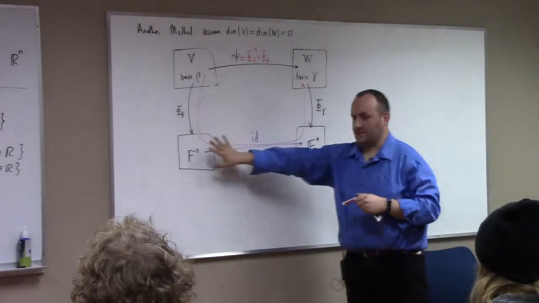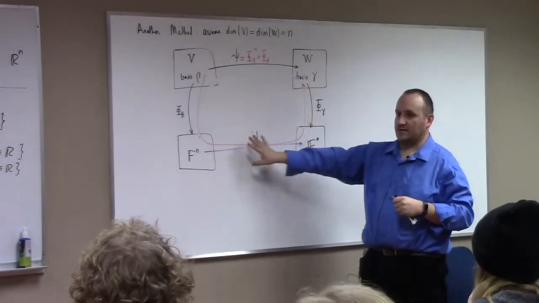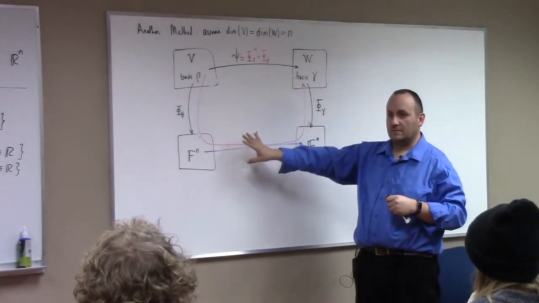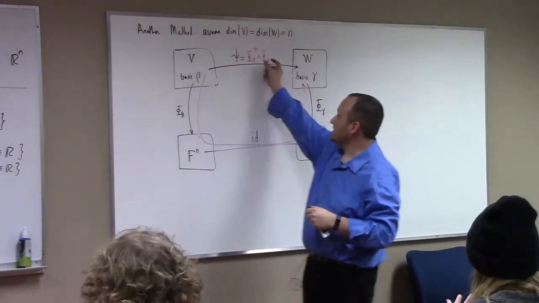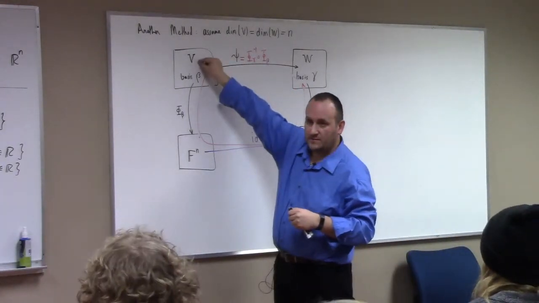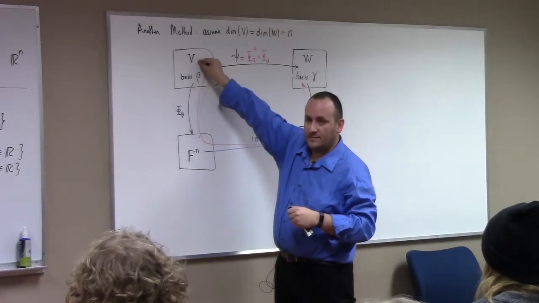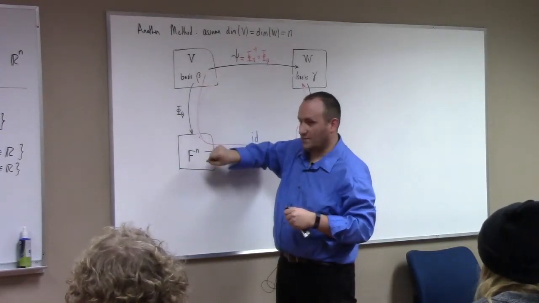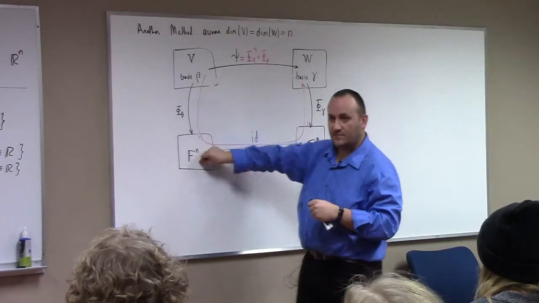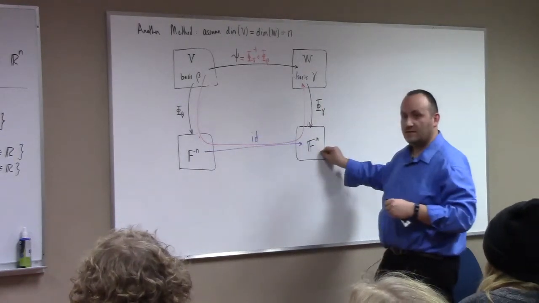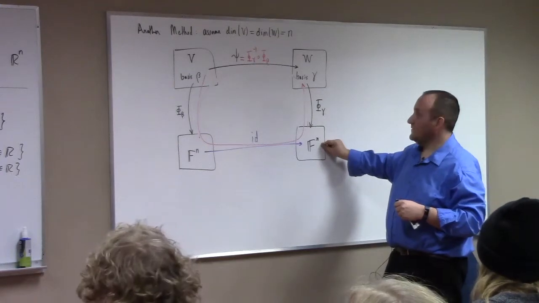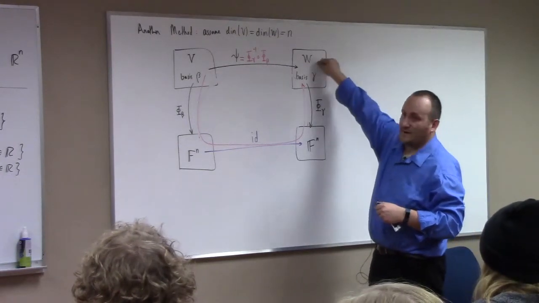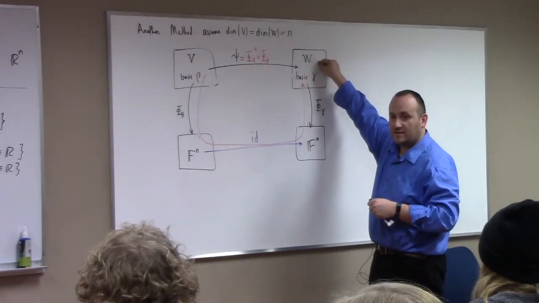Because these are really the same, I could have just drawn one F^n in the middle. What this does is it takes a point up here and maps it down to its coordinate vector here, which you could just as well view over here. And then phi gamma inverse takes that coordinate vector and converts it into an abstract vector in W, which corresponds to the initial vector in V.